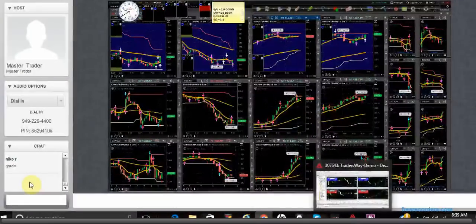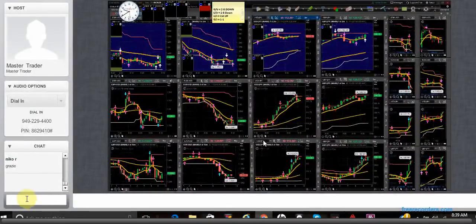Okay, let's play from right here. Okay, so we have our DX flashing red. We have our green momentum bars flashing green. We have pound USD flashing green. Now we have our pink show up. Now we're ready to make a trade.